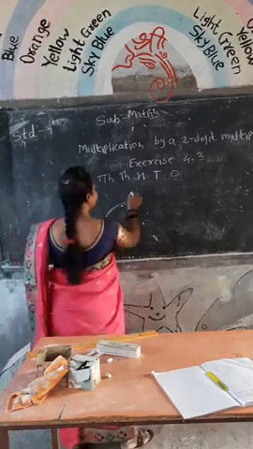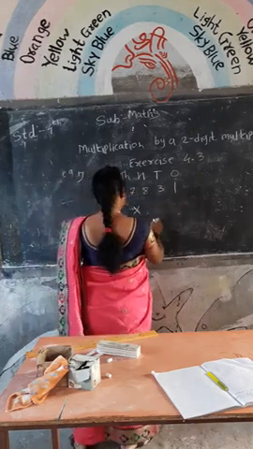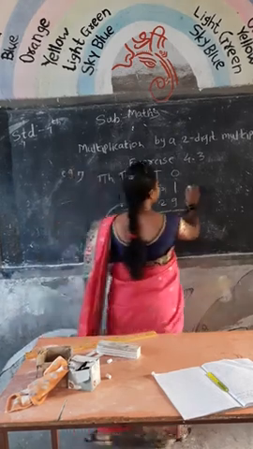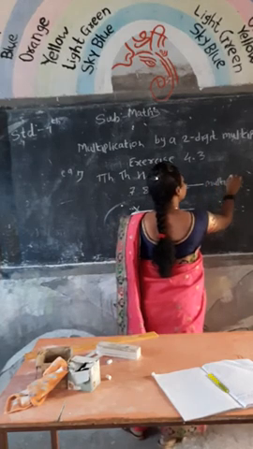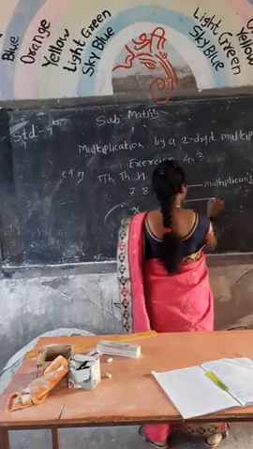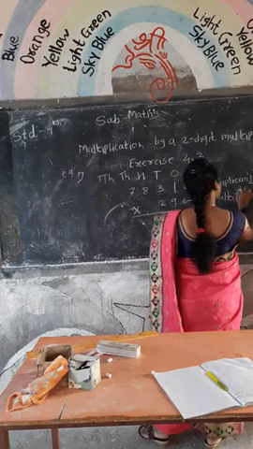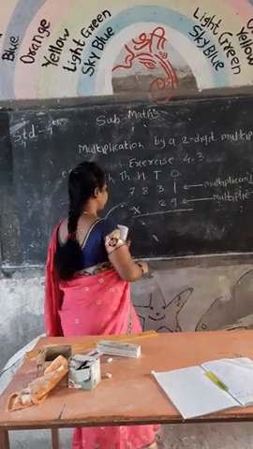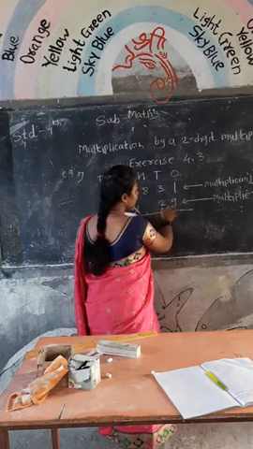7,831 multiplied by 29. Firstly, this is the multiplicand. This is the multiplier. Then the multiplication starts from the multiplier at the ones place.